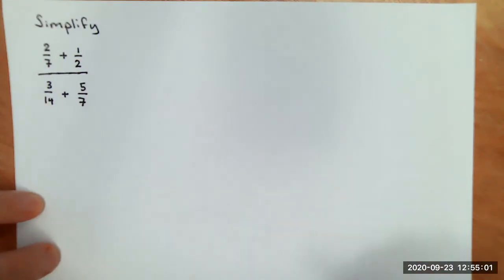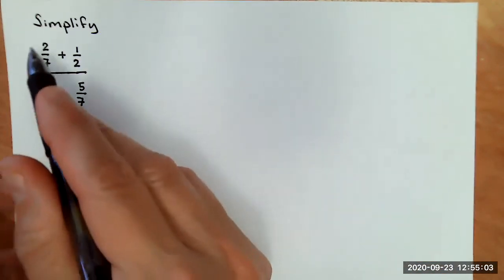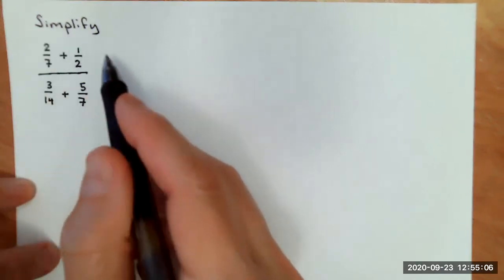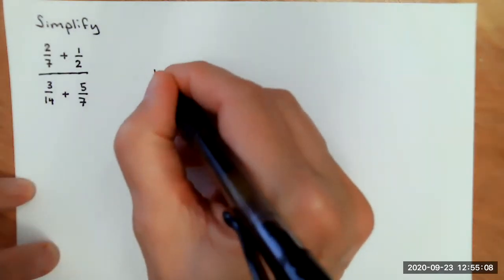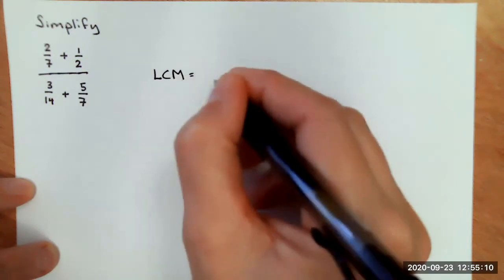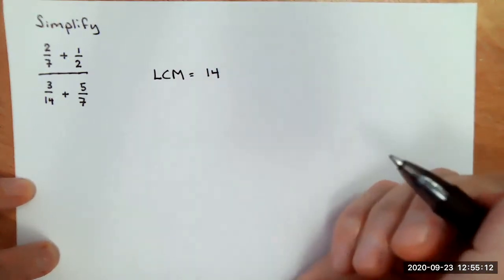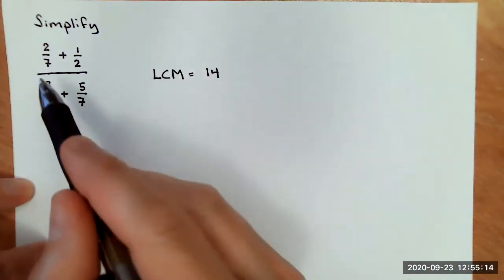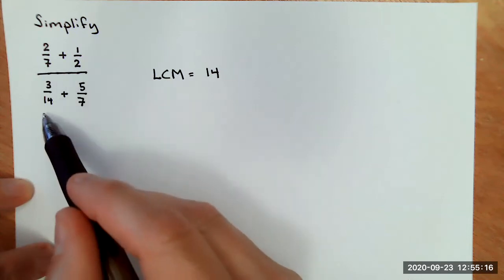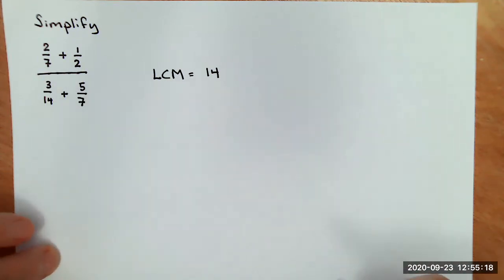All right, so the first step is to find the least common multiple of all the denominators, which is 14. That's the smallest number that 7, 2, and 14 all go into.